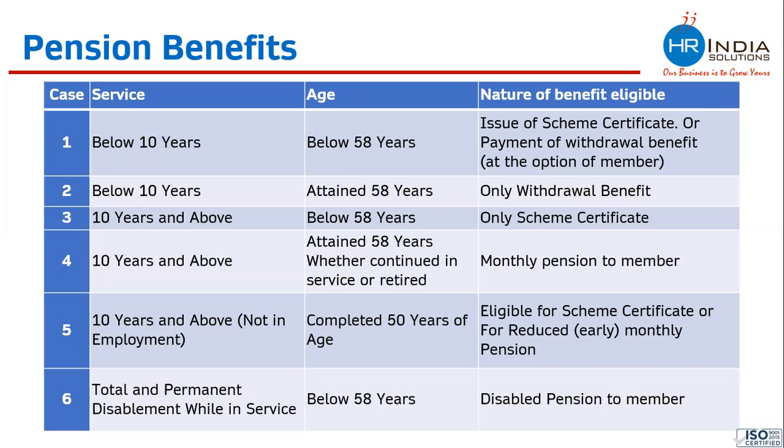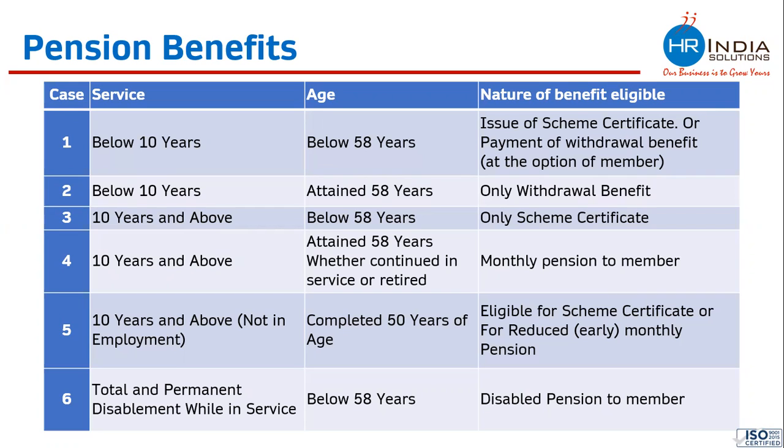It is not that you will contribute a lesser amount. You will contribute the entire 12%, but instead of money going into the pension fund, it will start going into the provident fund. Since the person has attained the age of 58 years, no money would be accepted in the pension fund. So the case can be that the person is still working and getting salary and has also applied for monthly pension, and that has also started.